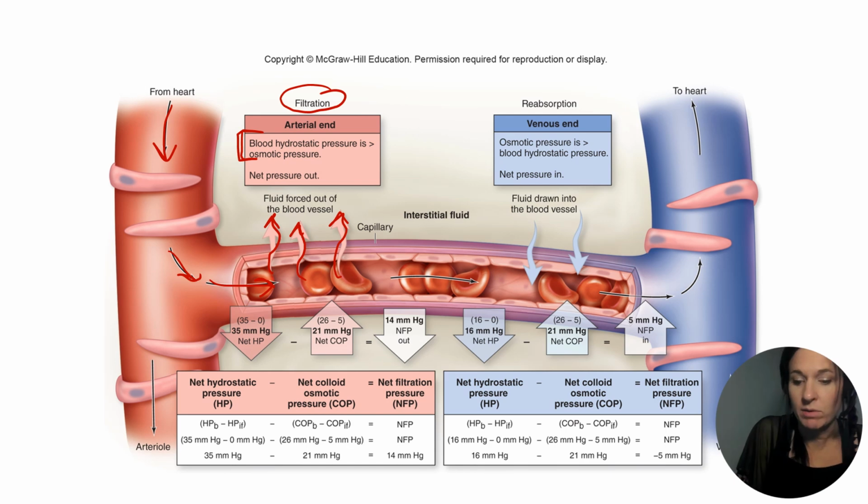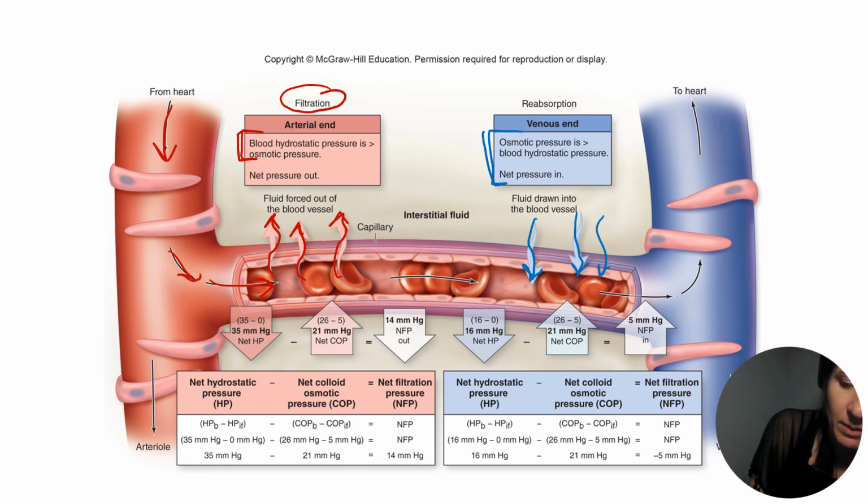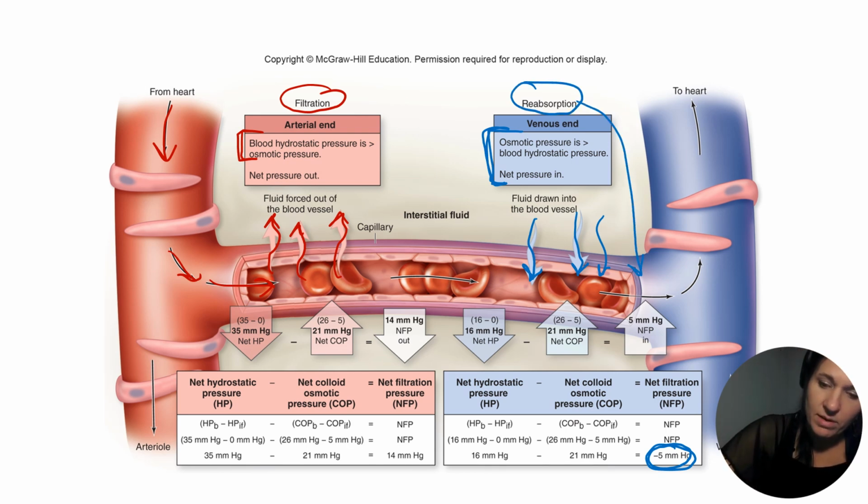So when we get down here at the venous end, fluid's going to be drawn back into the vessel because our colloid osmotic pressure is greater than the blood hydrostatic pressure. That's why we have this negative net filtration pressure. So we can see here reabsorption happening at the venous end and filtration happening at the arterial end.